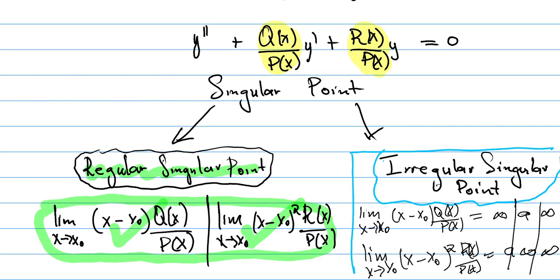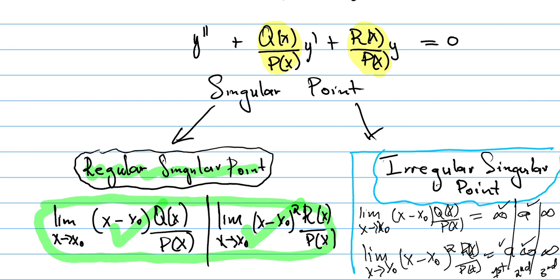In the first case, maybe for the first limit you get an infinite result and for the second limit you get a finite result.